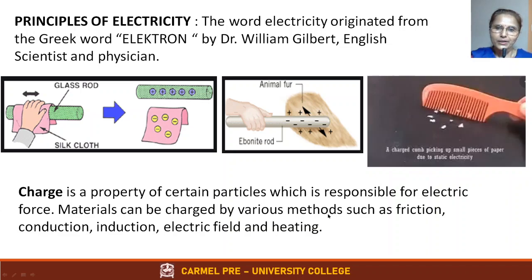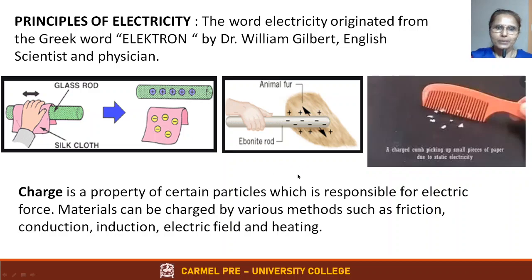One is by friction, which we discussed just now, or by conduction, induction, electric field, and heating. Another experiment you must have already seen: in the winter, when you comb your hair and bring it close to pieces of paper, the comb starts attracting them. So that is also another example of electrostatic force.